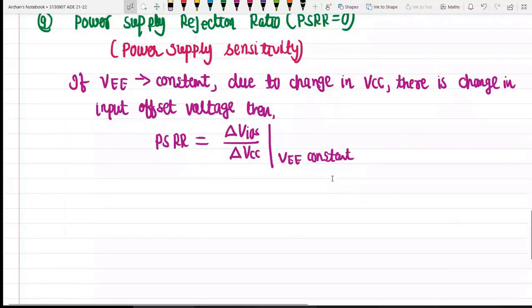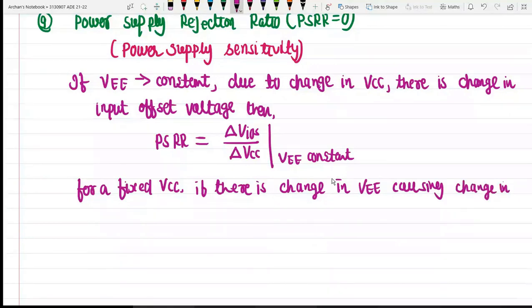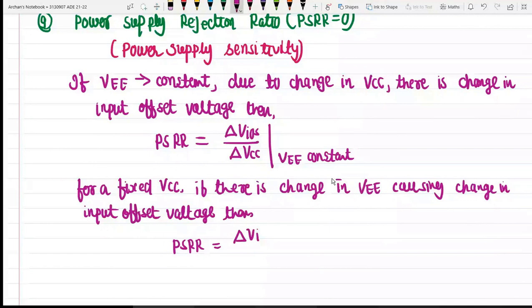Okay, now suppose I have VCC fixed. Okay, so for a fixed VCC, if there is change in VEE, which causes change in input offset voltage, then power supply rejection ratio PSRR is the ratio of change in input offset voltage to the change in supply voltage by keeping another supply voltage constant.